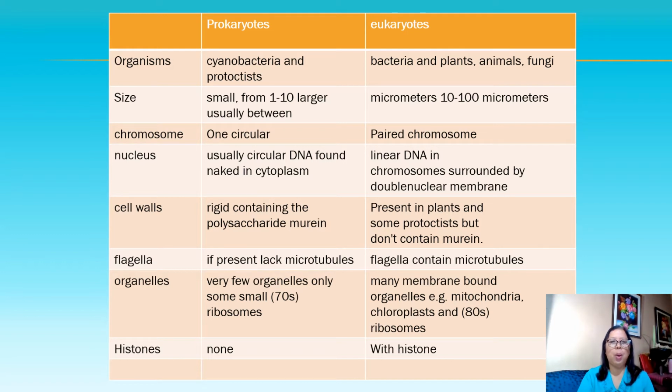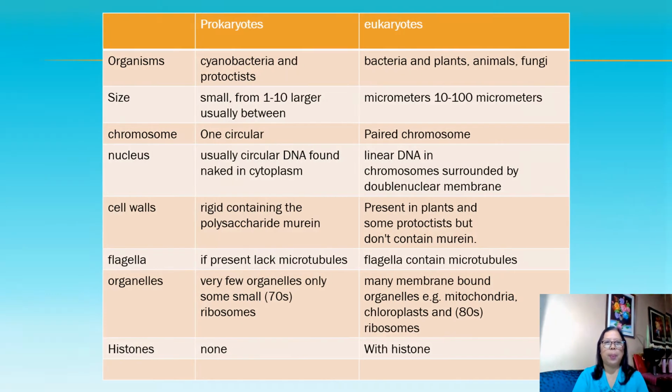In terms of organelles, it has only very few organelles and some small ribosomes. And then for histones, prokaryotics do not have histones, but eukaryotic organisms have histones.